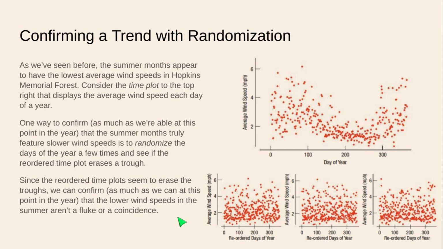If they were a fluke or a coincidence, then we could reorder the days and we would coincidentally get a trough somewhere else, but that does not happen. We can keep doing this, it will not happen, okay? So that trough that we see here is legit, all right? Putting the days of the year in proper order yields a meaningful result, and we should take it seriously.